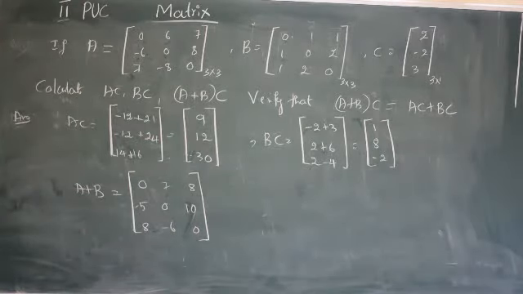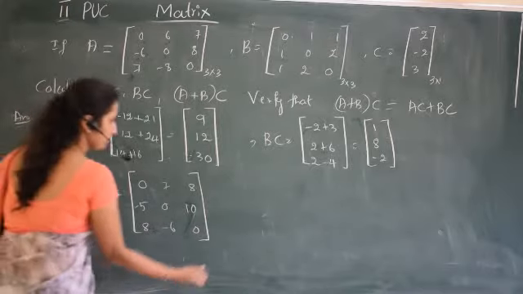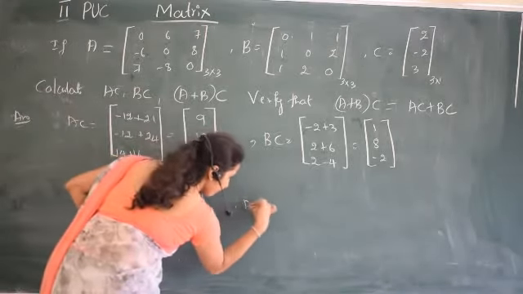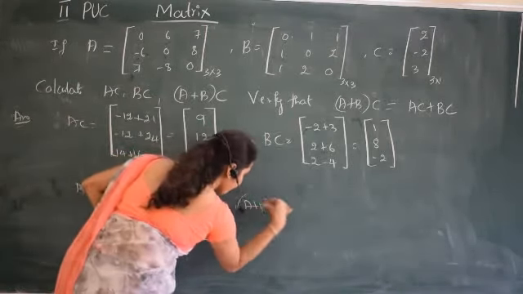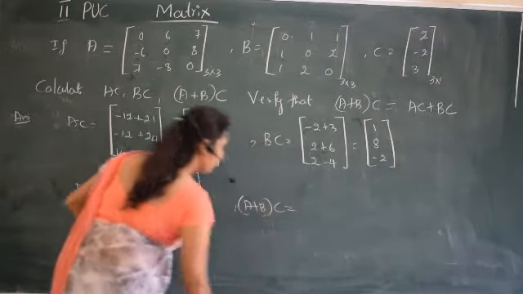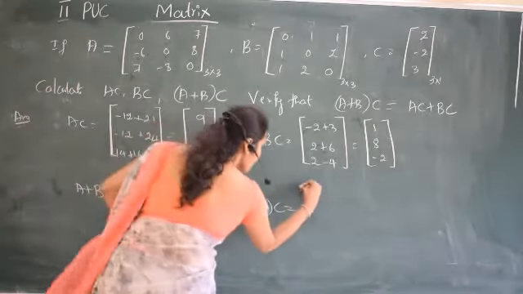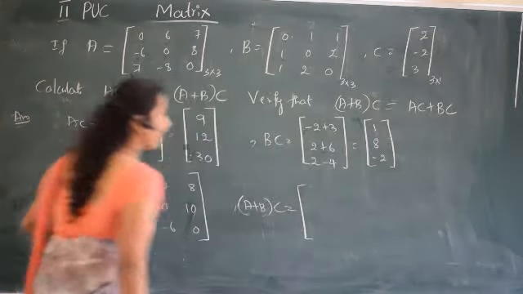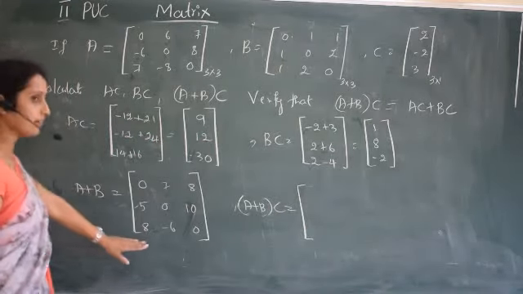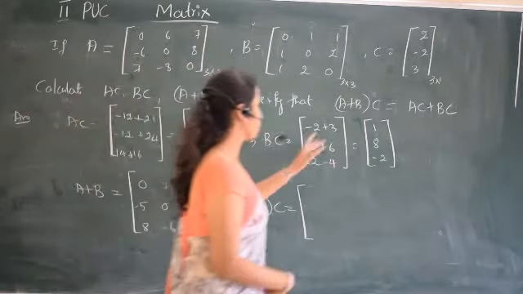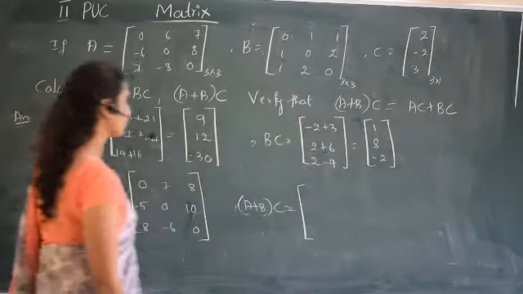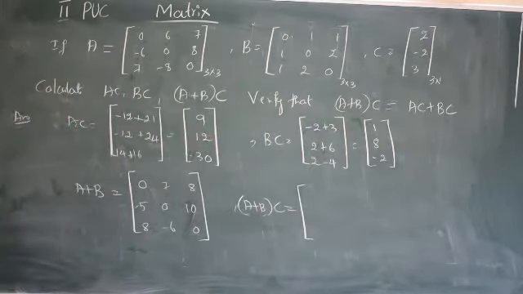Now we have to calculate (A plus B) into C. A plus B is here and C is there. A plus B is 3 by 3 and C is 3 by 1, so again we get a 3 by 1 matrix.